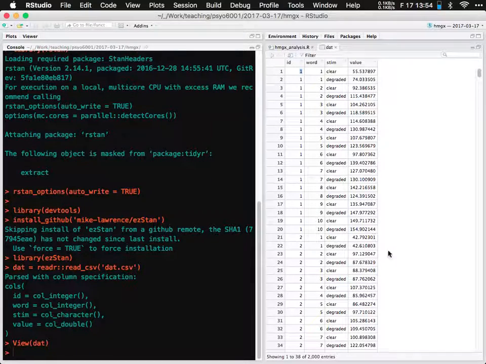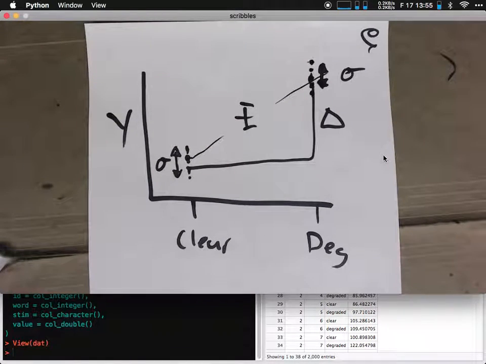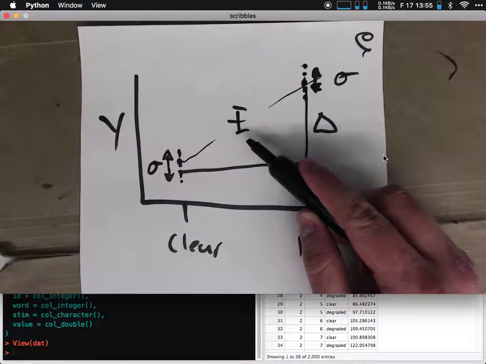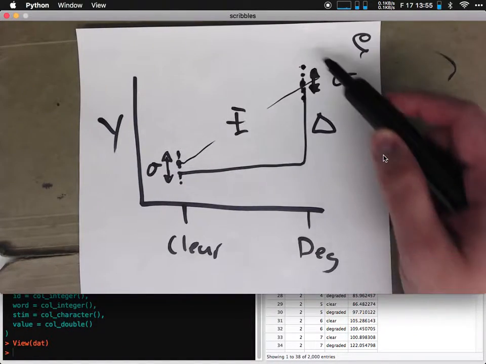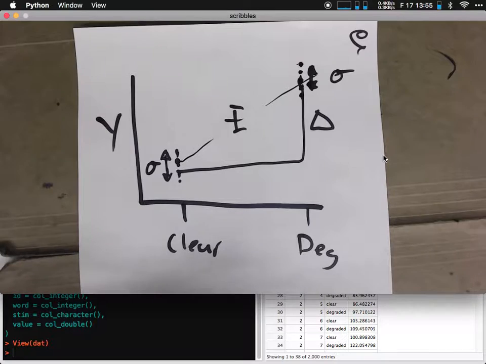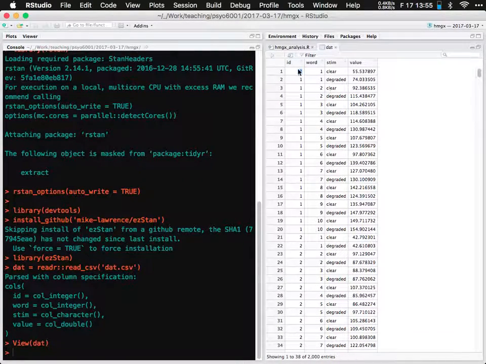So that tells us that person as a unit has a substantial contribution to the overall variability. Another way of saying that is that people have a high variability in their intercept relative to how much other noise there is in the model. That's why we use this idea that we have a label for each outcome corresponding to what person it came from, to reduce what would otherwise be seen as error variability.